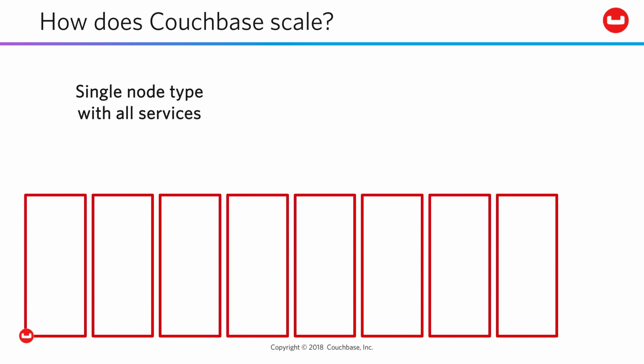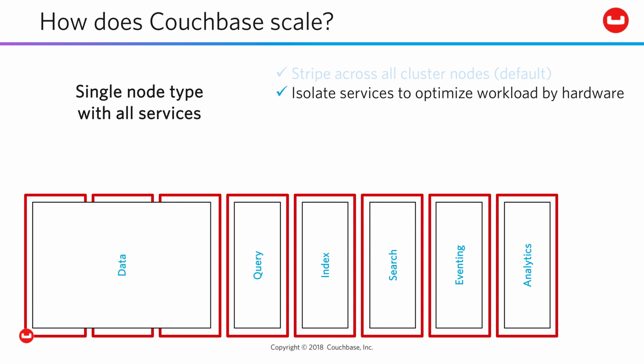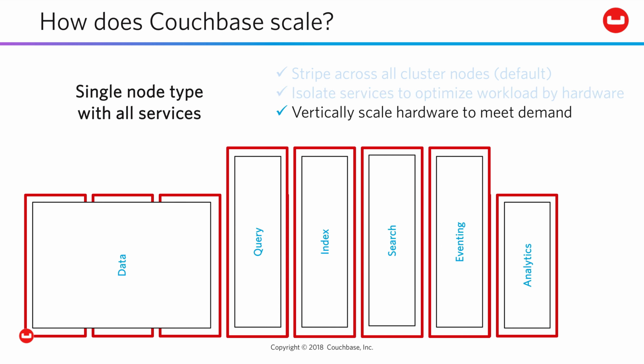So again, we're providing a single node type which makes all our services available. But the services can be scaled and isolated independently. You can stripe everything equally across all nodes, which is the default and works for small clusters. Then, as you grow, you can isolate services to optimize their requirements to preferred hardware, and also scale the services independently to meet changing application demands.